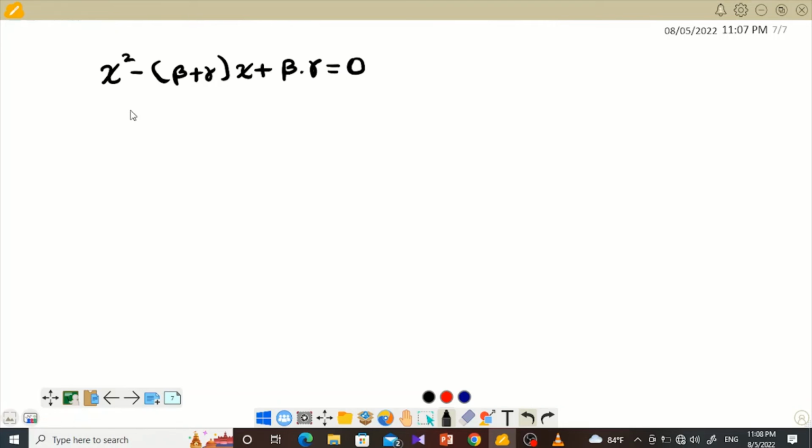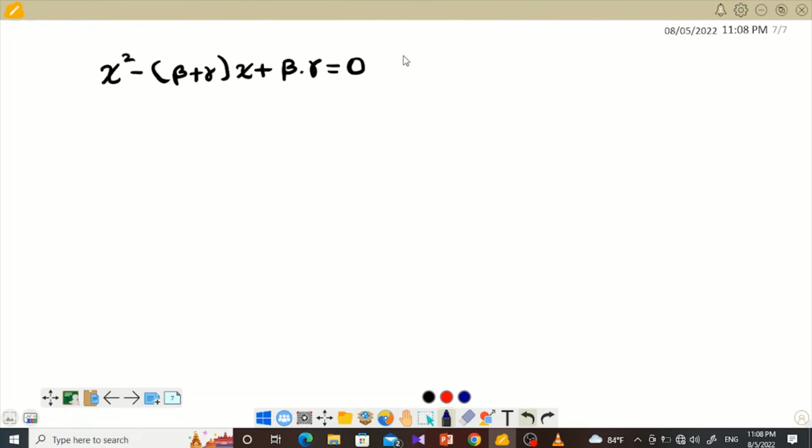So for this I am using the above expressions I used for the sum of roots and product of roots, which I write in a different color.